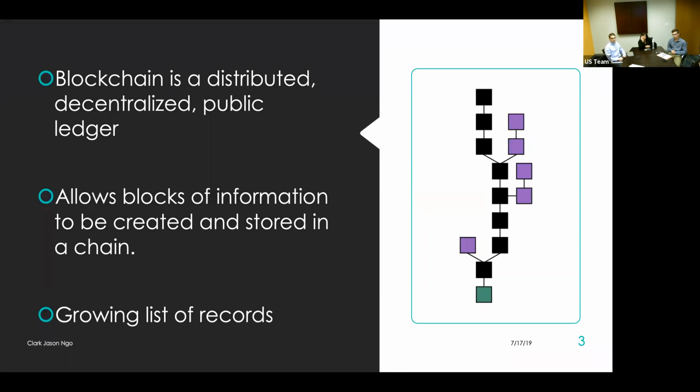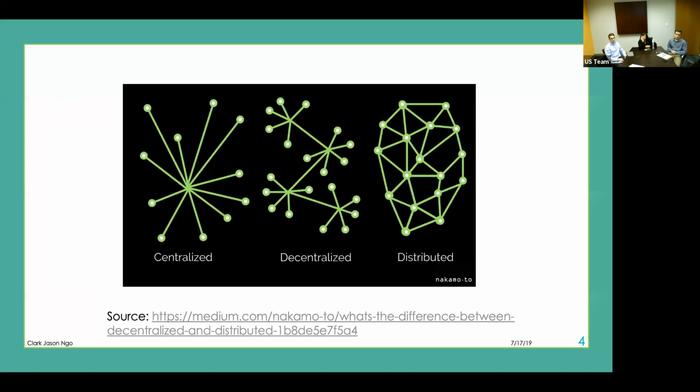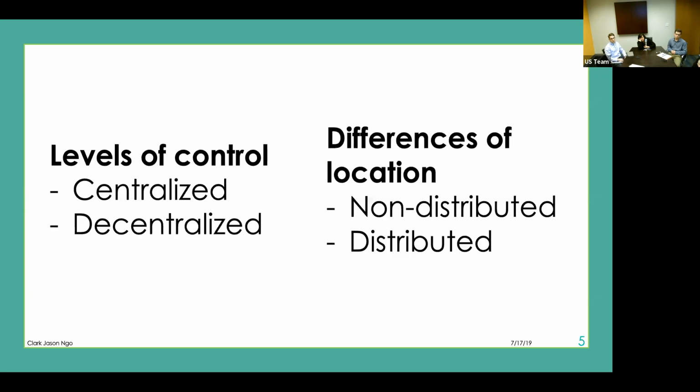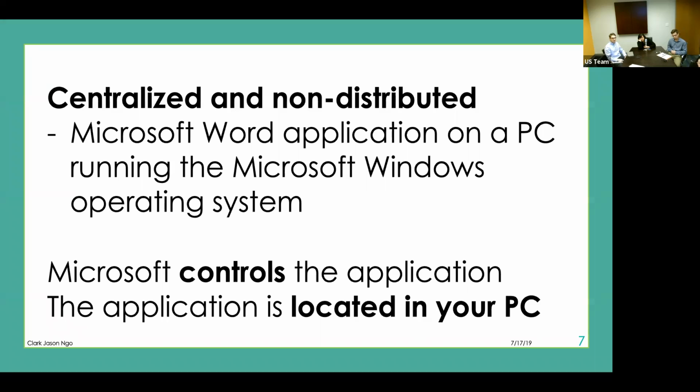We talked about distributed, decentralized, public ledger, growing list of records. Centralized and decentralized refer to the level of control; distributed and non-distributed refer to locations. So for blockchain, is it always decentralized? It is always decentralized.